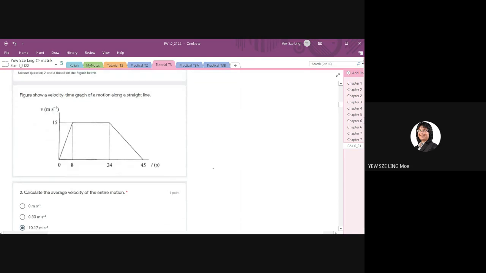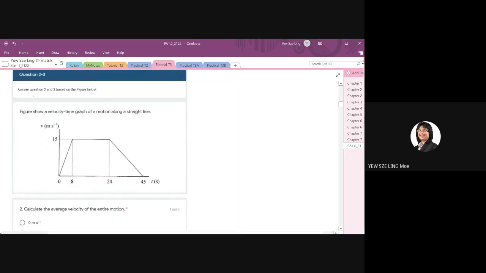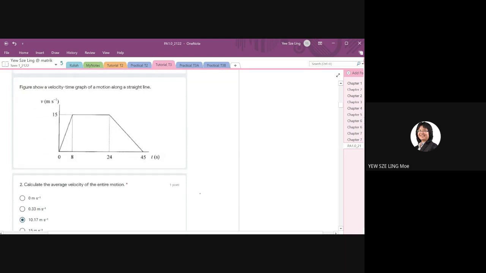Question number 2 is a graph question. Answer questions 2 and 3 based on the figure below. Usually one figure has 2 or 3 questions. The figure shows a velocity-time graph of motion along a straight line. So now you have a V against T graph. Remember what I told you before? Whenever you have a graph question, you need to know which part of the graph represents which quantity.